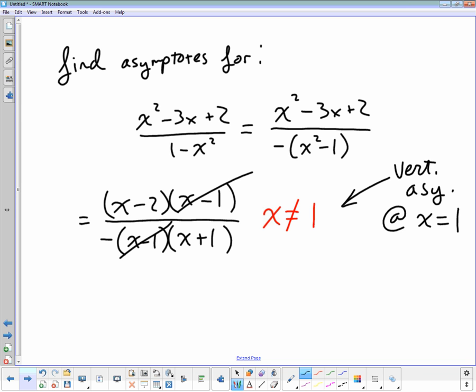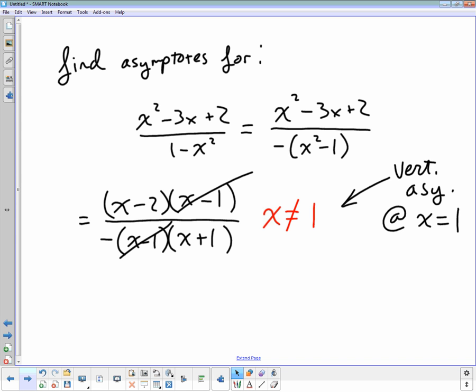If it's top heavy, it blows up because my denominator does. If they're even, they cancel each other out. Because what happens is, if you think about this function right here, and I go towards infinity, right? Let's plug in, forget about infinity for a second.